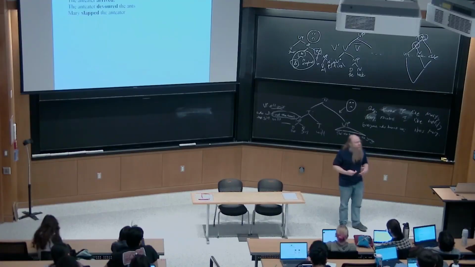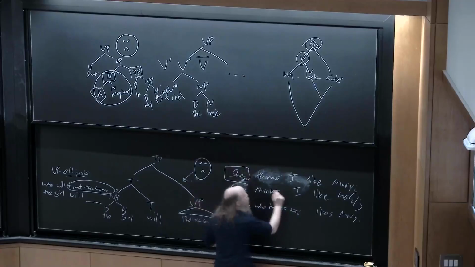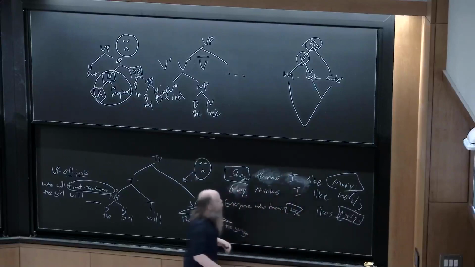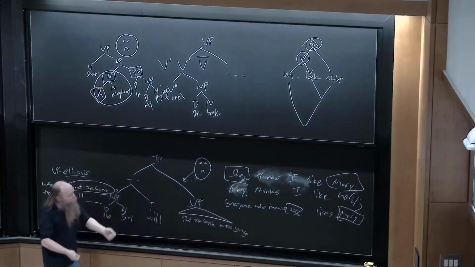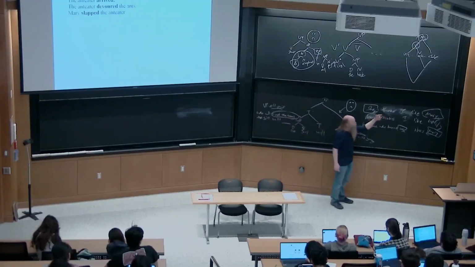So the relationship that holds between she and Mary here, and between her and Mary here, the thing that tells you whether a pronoun can refer to a person, can't just be about whether the person's name is later in the sentence. It's going to turn out to be about the structure of the sentence.